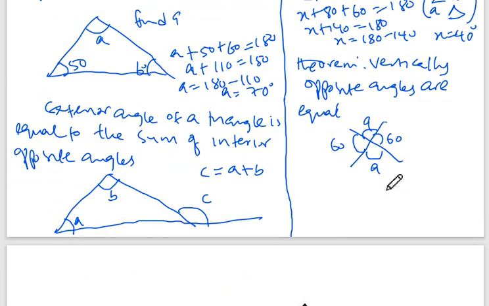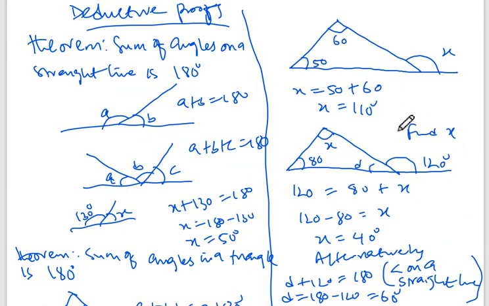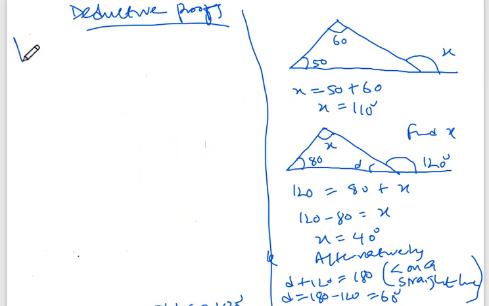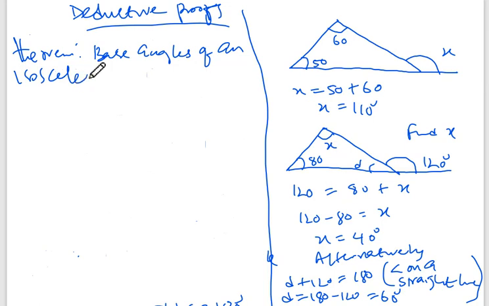Let's look at the isosceles triangle theorem. The base angles of an isosceles triangle are equal.